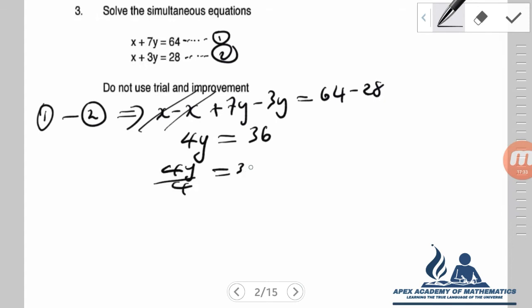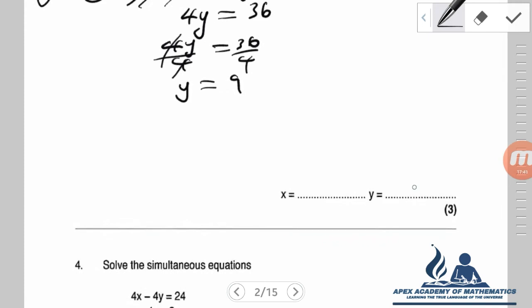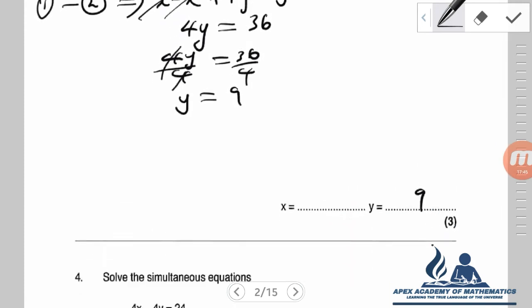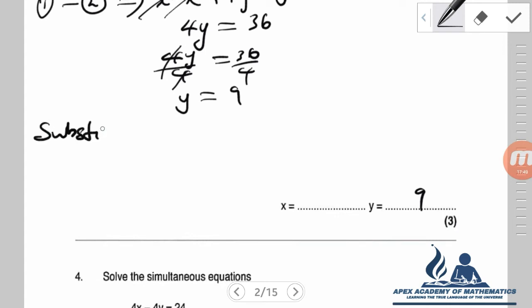All right, once you've made the decision as to what method you're going to be using, all I have to do now is substitute 9 for y, and it's just a matter of choosing the equation that you feel most comfortable with. Again, I'm going to be using equation 2, the reason being the numbers are smaller and easier to manipulate.